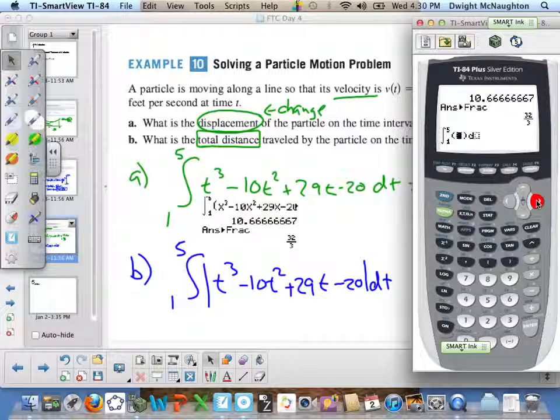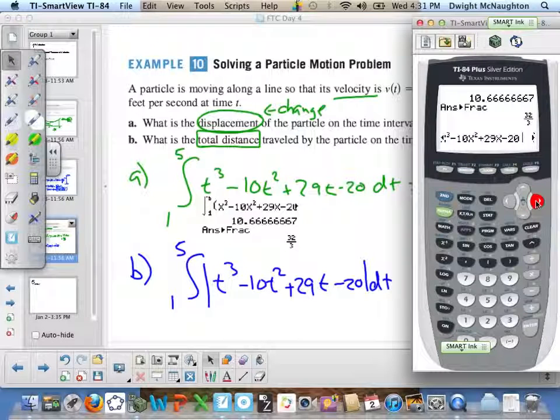Here I want the absolute value, so go to math, number, absolute value, type in my function, x to the third minus 10x squared plus 29x minus 20.